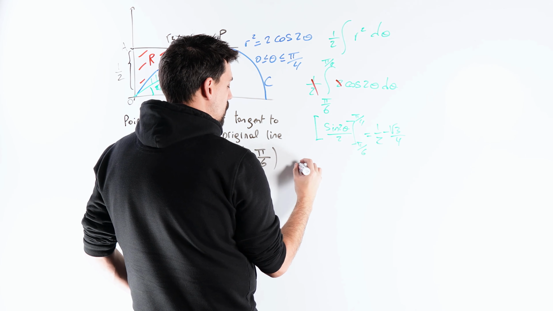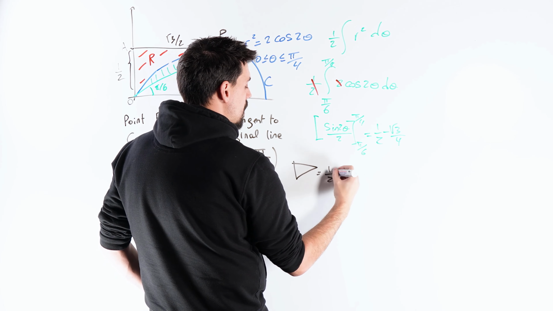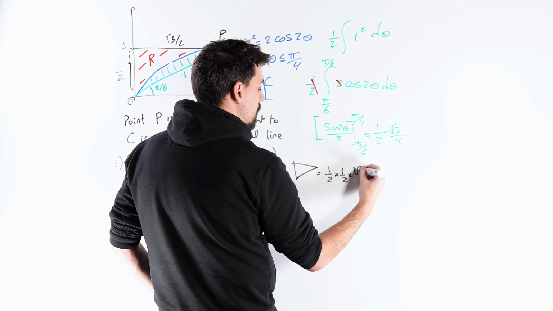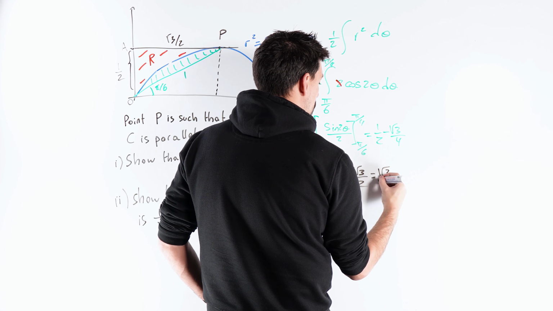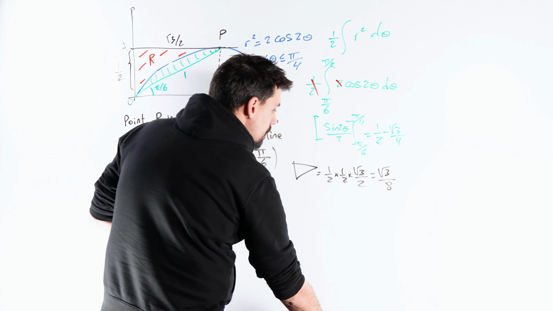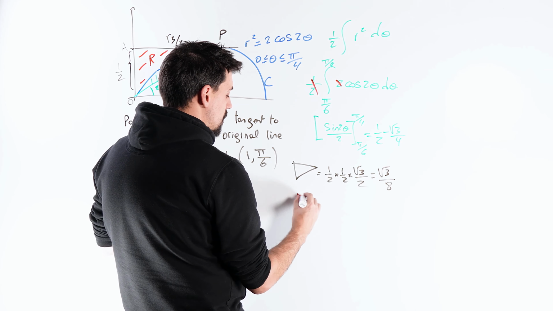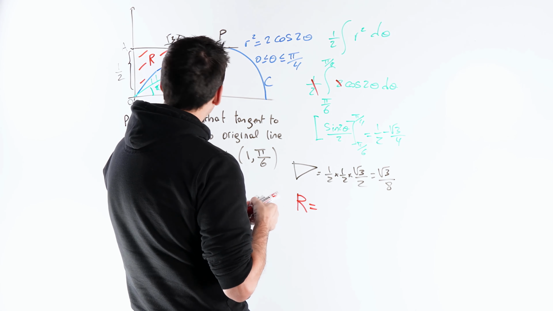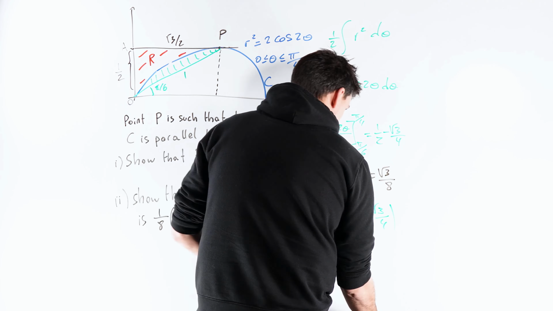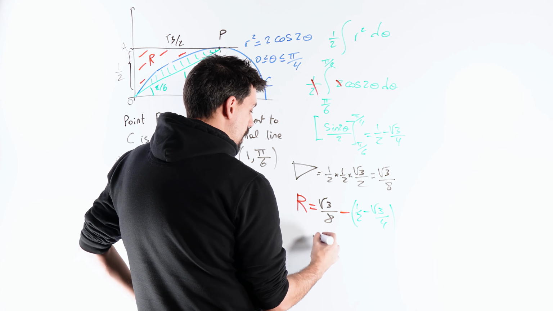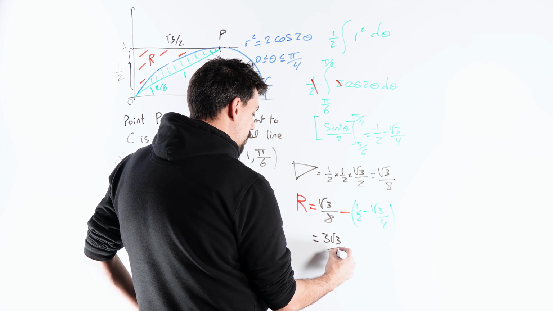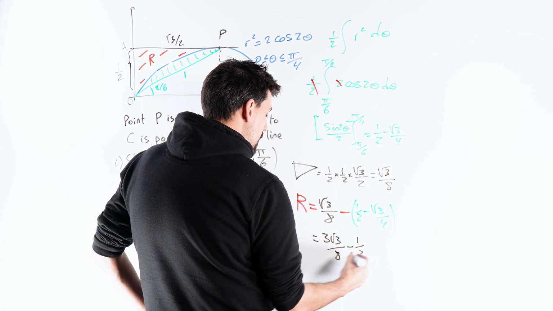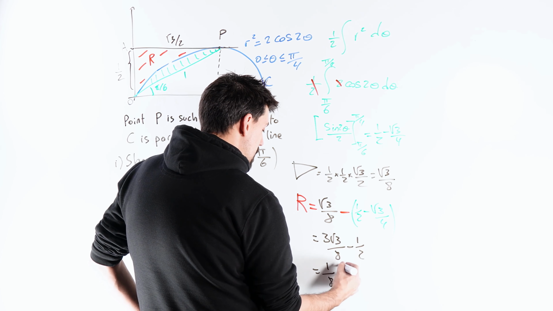So the triangle OAP becomes 1/2 times 1/2 times root 3 over 2, which is root 3 over 8. So the area R that I want is going to be the big triangle, and let's tidy this up. Root 3 over 8 plus root 3 over 4, that is 3 root 3 over 8 minus 1/2, which is exactly what we wanted.